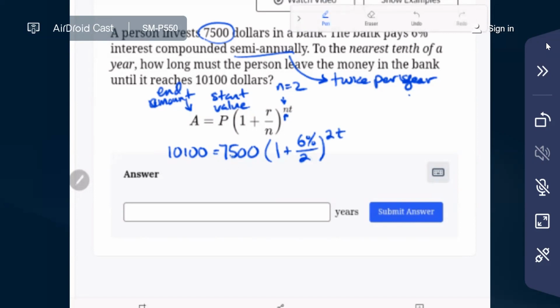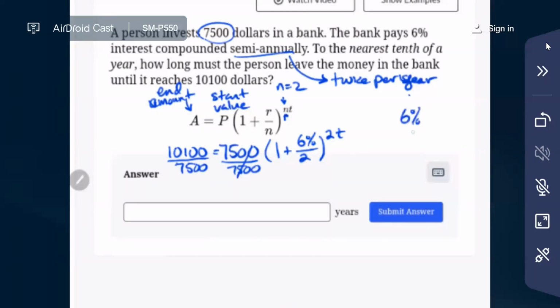So the first thing we're going to have to do is take this 7,500. Now I'm just going to leave that like that. I am though going to convert this 6% over 2, which is equal to 0.06 over 2, which is equal to 0.03.